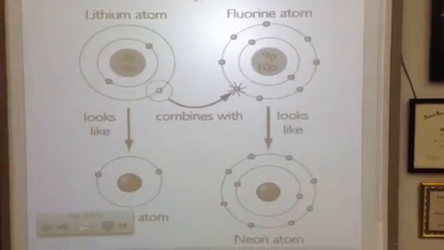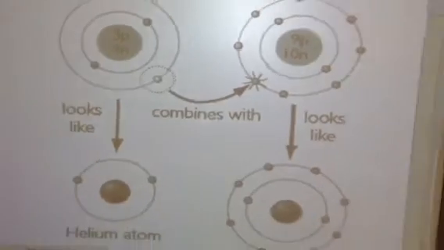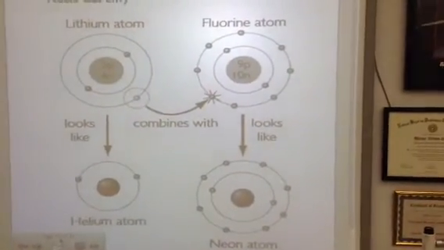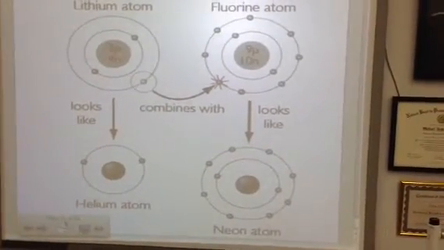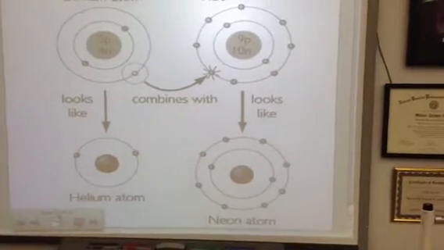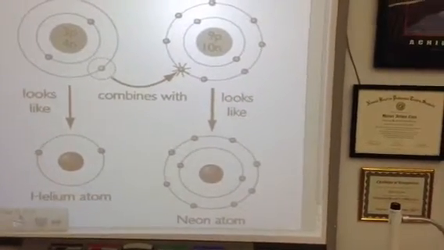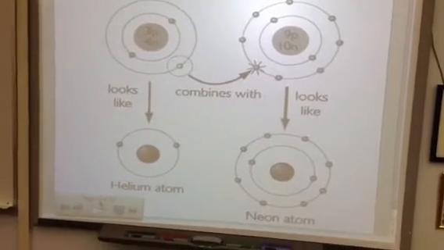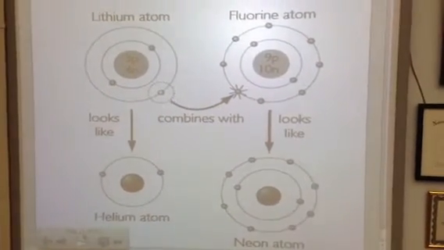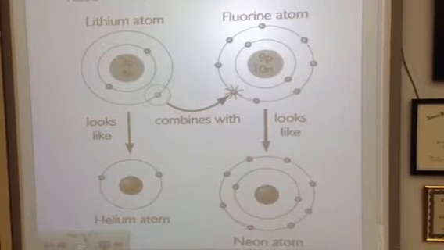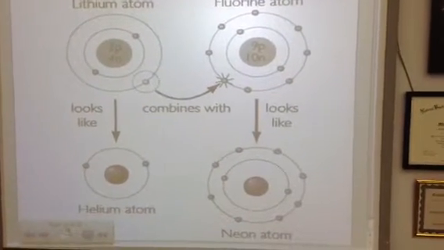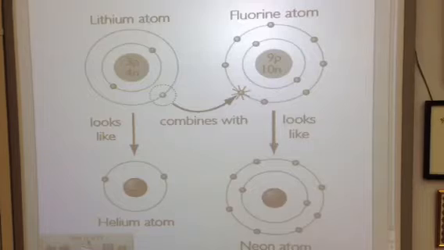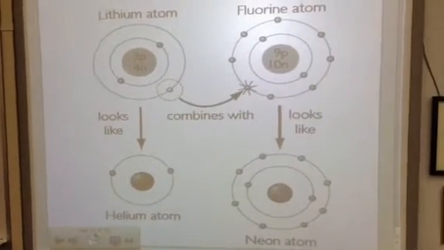To be stable, lithium could either lose 1 electron or it could gain 7. The likelihood that lithium is going to be able to get 7 electrons from a bunch of atoms is pretty low, and it just wouldn't have the protons to be able to pull those in anyway. So it would lose an electron.